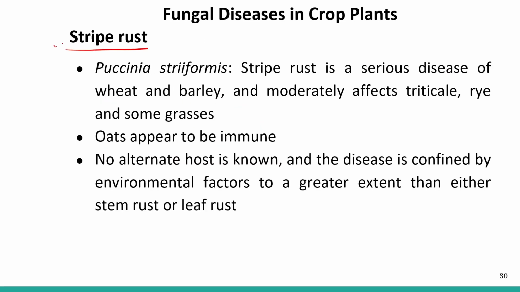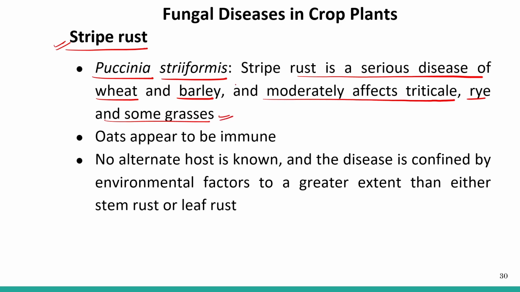Stripe rust. The next disease is stripe rust, Puccinia striiformis. Stripe rust is a serious disease of wheat and barley, and moderately affects triticale, rye and some other grasses also. So basically this is stripe rust caused by Puccinia striiformis. This particular disease is quite serious for crops like wheat and barley.